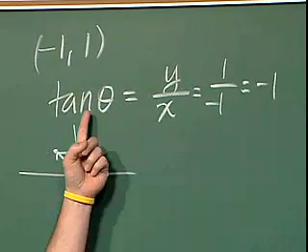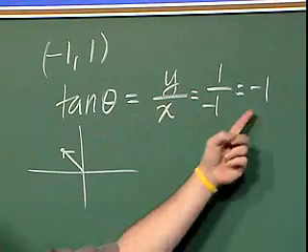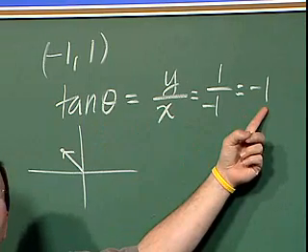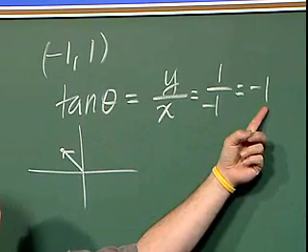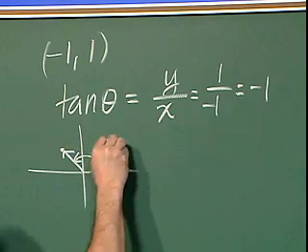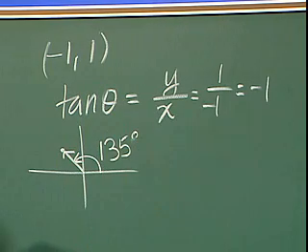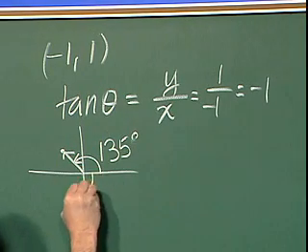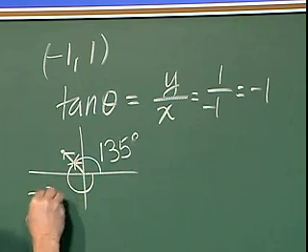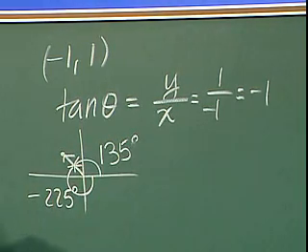The reason that's important is we have tan theta equals -1, and it is negative in quadrant 2. Tangent of theta equaling 1 is one of the special angles, 45 degrees. So we know that we could have an angle of 135 degrees, and we could use an angle that's negative to bring us over here of -225 degrees.